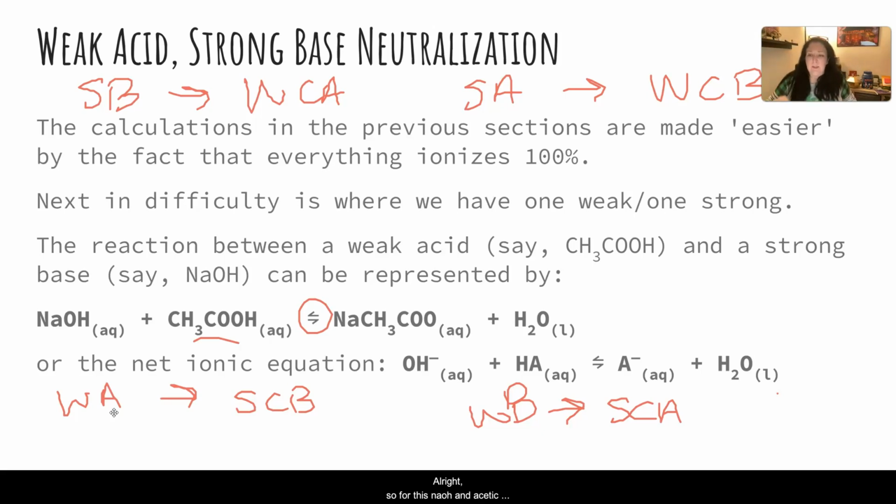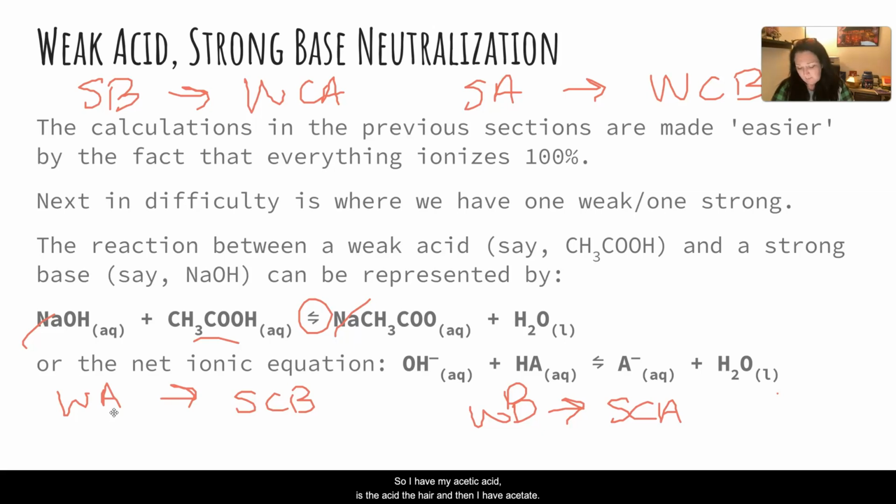All right, so for this NaOH and acetic acid reaction, my salt is the sodium acetate, and then I have water. When you get rid of everything that is not going to react or do anything, to get the net ionic equation, the sodium is out, and really that's all that's out.